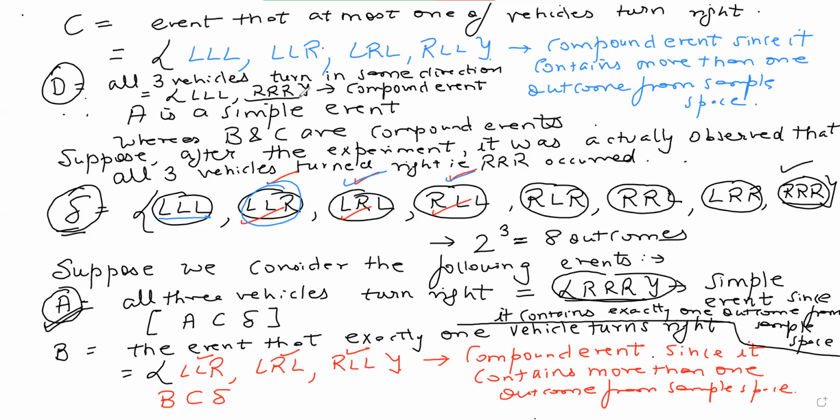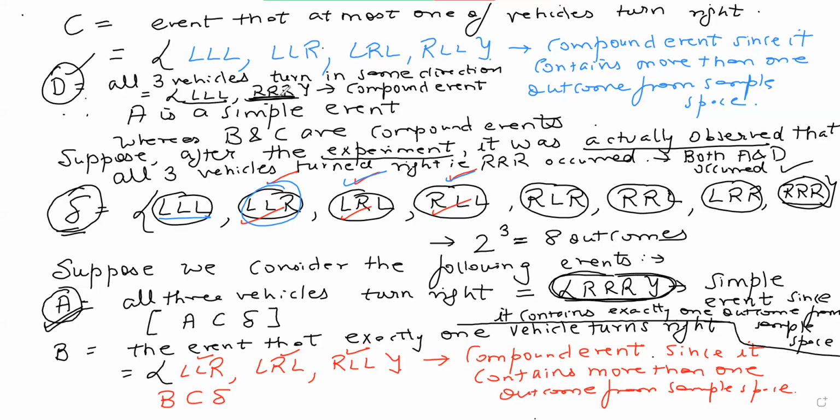So I made all students write a note that along with the simple event, compound events also occurred simultaneously. When the experiment actually took place, and suppose it was observed that all three vehicles turned right, both A and D occurred, because A contains RRR, which is a simple event, and D also contains RRR. Event D was that all three vehicles turn in the same direction.